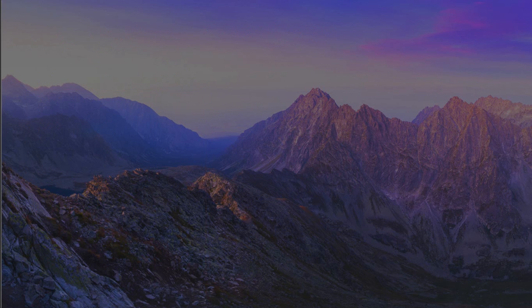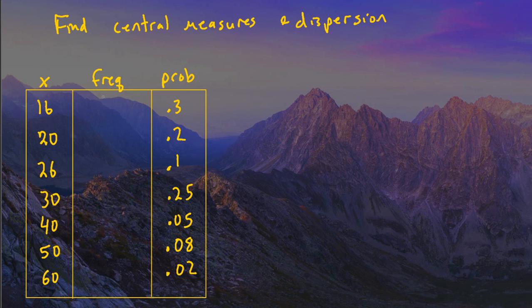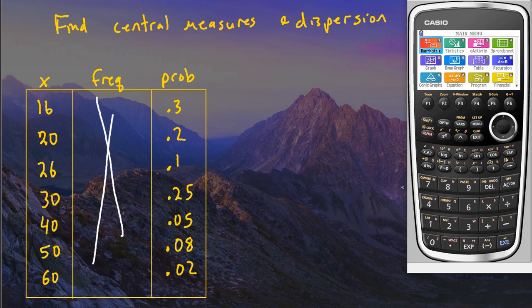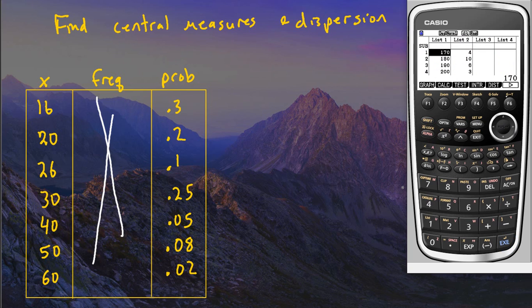So one more example, maybe I have a probability distribution, meaning I don't have the frequencies. Does that really change anything? And the answer is no. So once more on the calculator, I'm going to go to my menu, and I'm going to go to the statistics. I'm going to clear out these two lists. So I'm going to press this over key until I find delete all. I'm going to delete everything that's in there.